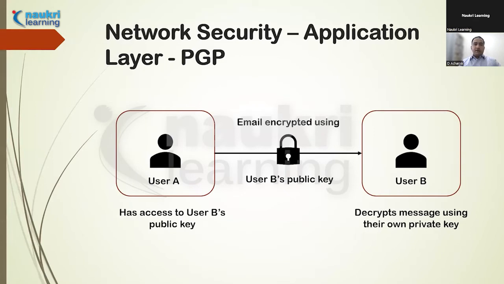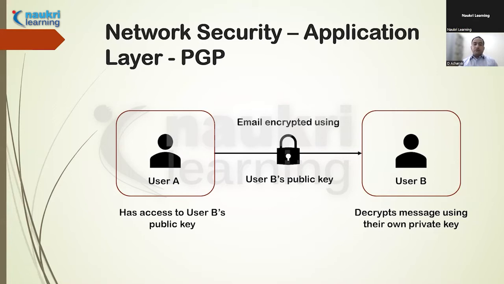Okay, this slide is a diagrammatic representation of how PGP works. The use case here is that user A is trying to send a message to user B over a public network, and the email is encrypted using user B's public key.